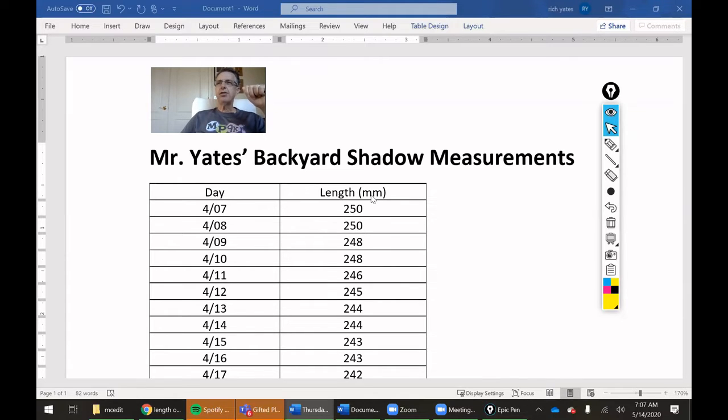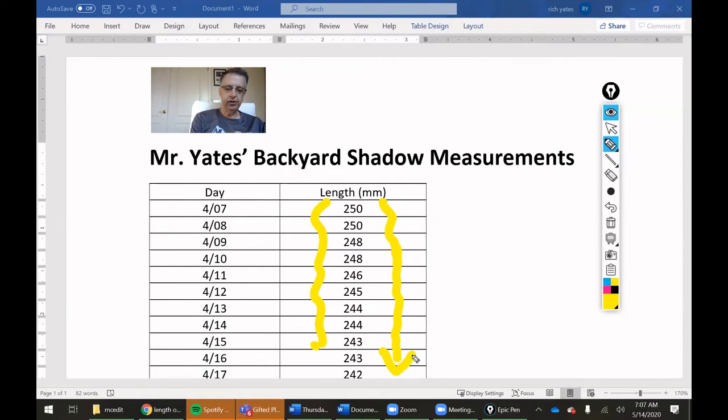Now the next step is to take a look at your chart, and I want you to write what you notice about the length of the shadow over time. So you want to take a look at your shadow data. The shadow data I'm talking about is all this stuff right down along here. It's the length of the shadow every single day.